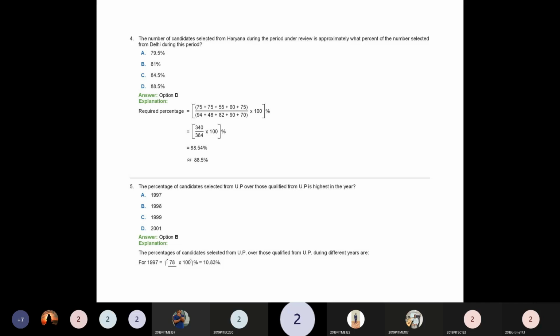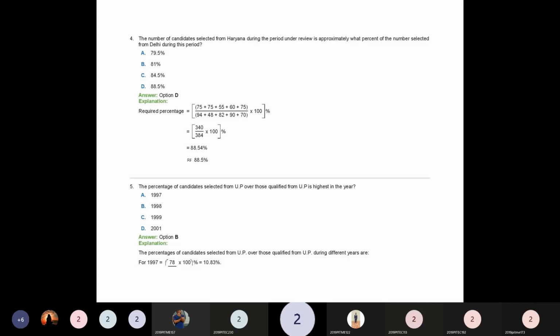The next one: the percentage of candidates selected from UP over those qualified from UP is highest in which year?